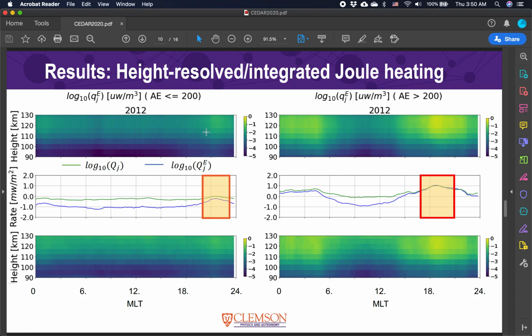And we can see that the peak of the total Joule heating appears earlier than under quiet conditions. Then let's see the height result. We see that the enhancement of Joule heating mostly occurred around 110 kilometers.